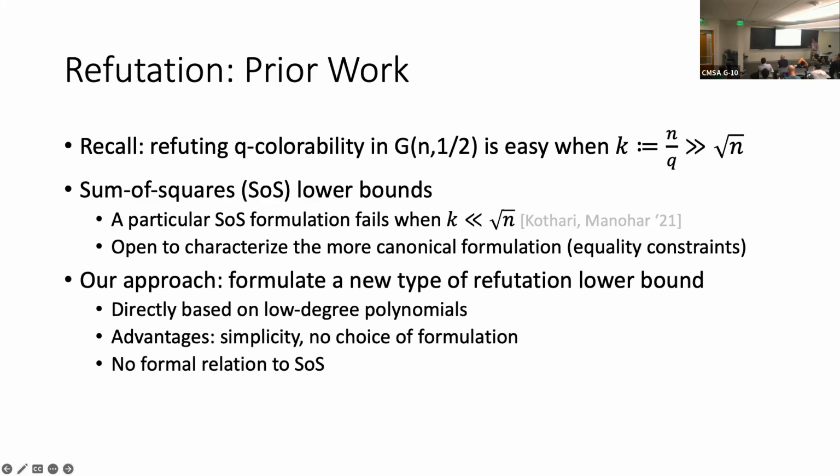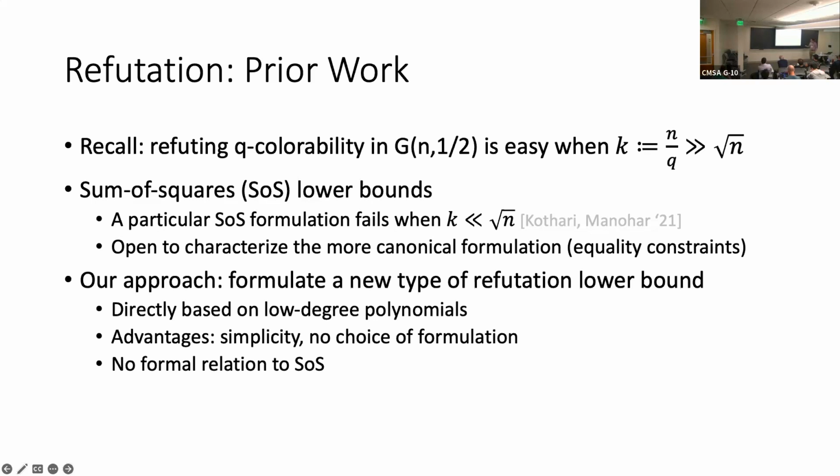Okay, so the approach I want to take here is not to use sum of squares. I want to try to do something a bit simpler. We're going to directly formulate a new type of refutation lower bound based on low degree polynomials. I'm going to directly ask whether a low degree polynomial can refute this or whether it can't.